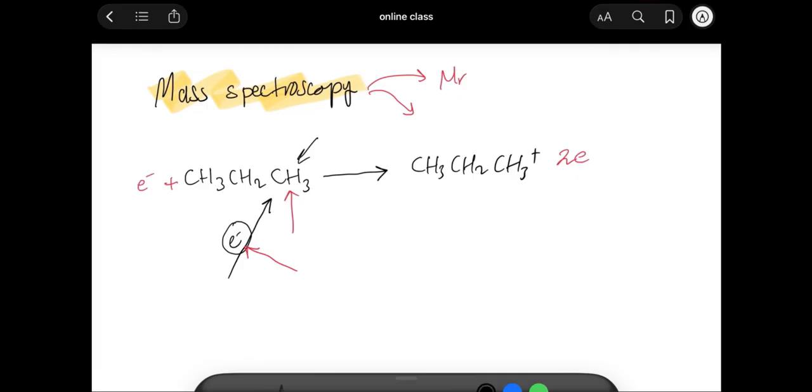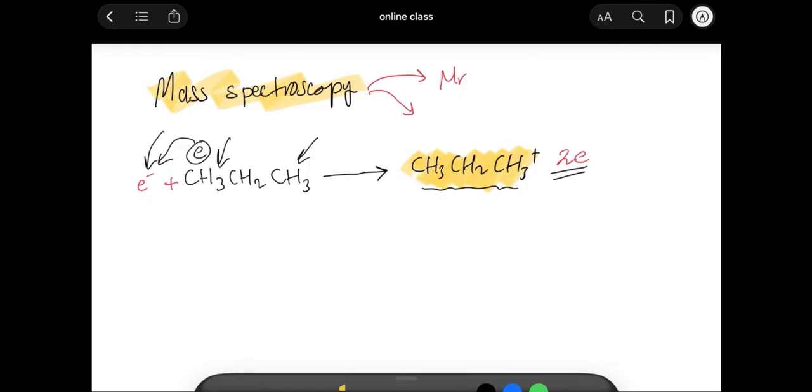So this high energetic beam of electrons will hit this beautiful compound. As a result of that, this compound will eject an electron. The combination of this electron from this compound and this one here leads to the total number of electrons in here, in addition to this compound, which is positively charged.